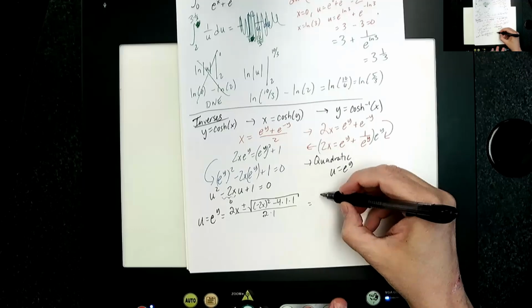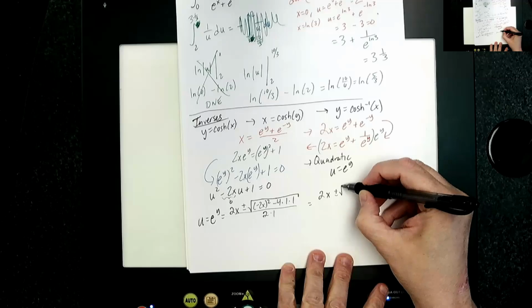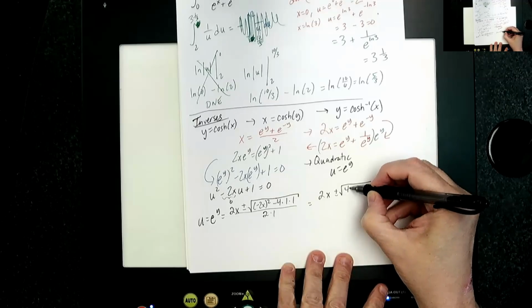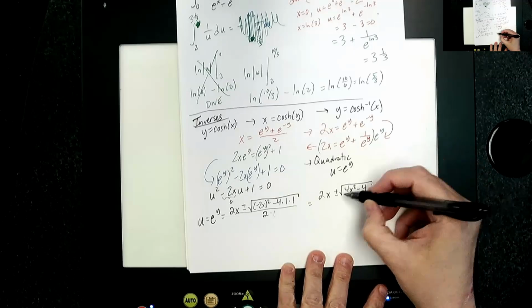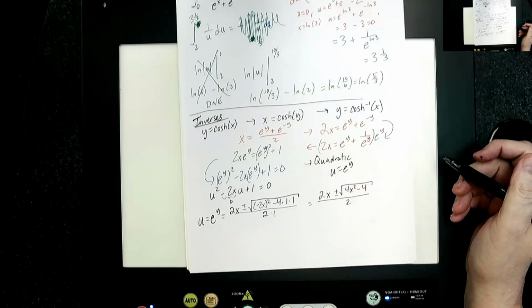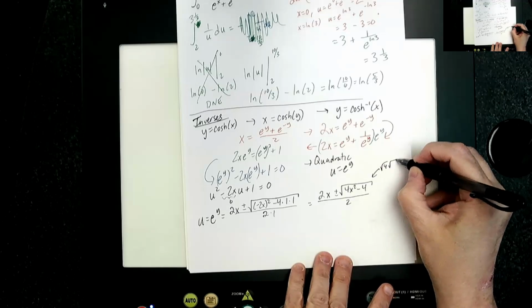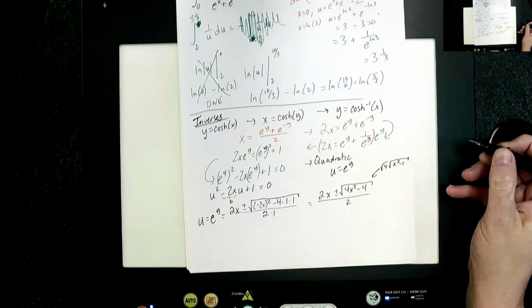If I clean that up a little bit, I got 2x plus or minus the square root of 4x squared minus 4, over 2. And that is square root of 4 times the square root of x squared minus 1.